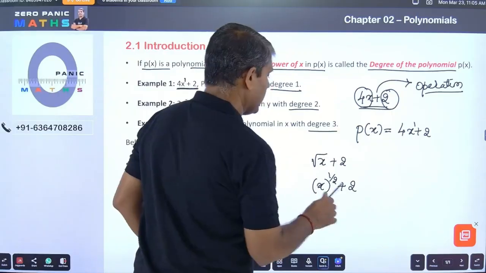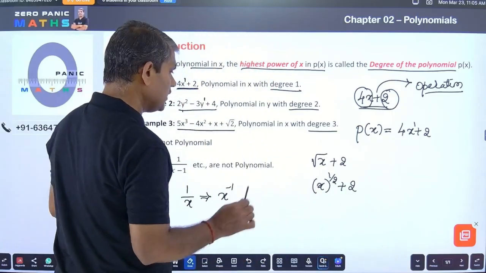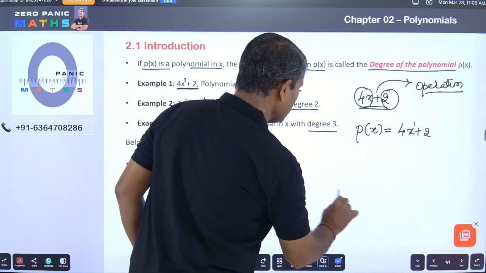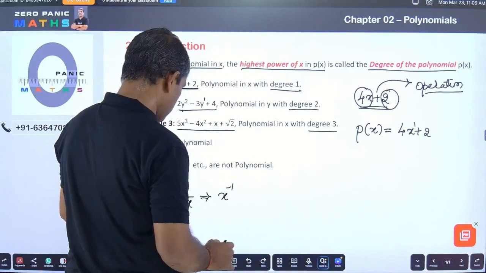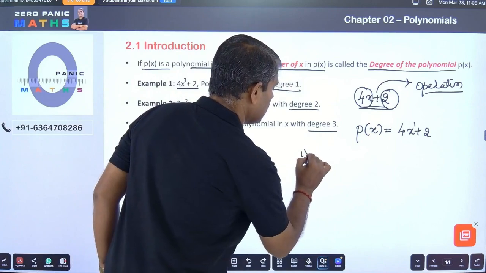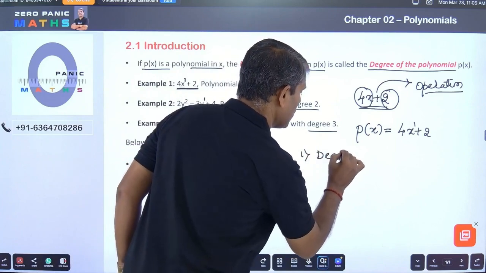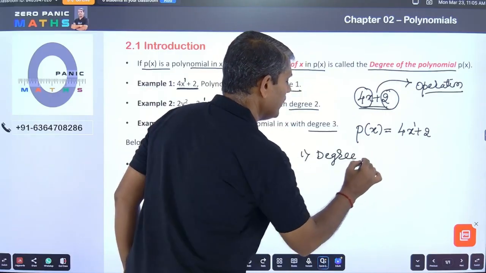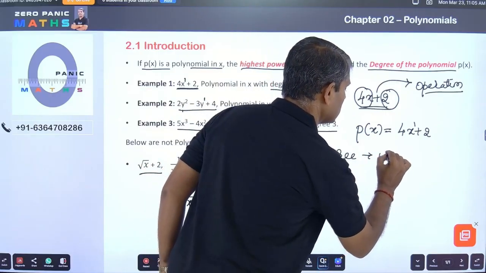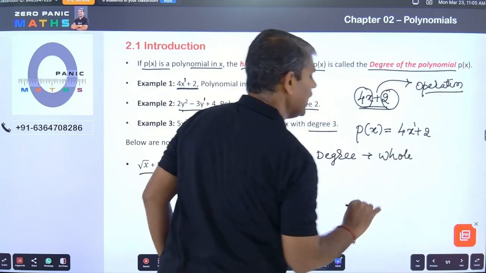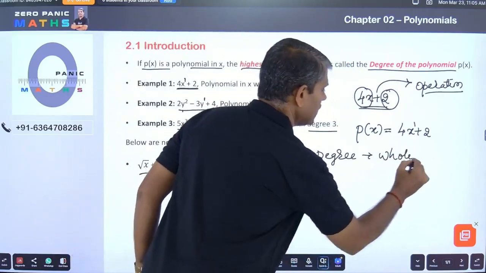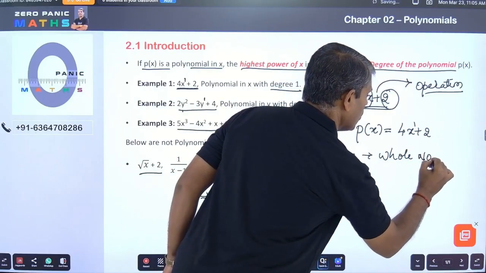Let me write the three important features; you need to just remember this. First, the degree of a polynomial should always be a whole number. Just make a note of it and keep it in your mind.